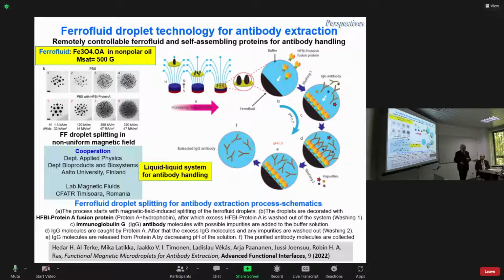The process relies on splitting of droplets of ferrofluid. You can increase the surface of the ferrofluid exponentially by a magnetic field. Please look here. You have a large surface, functionalize the surface, and attract the molecules you need. That is, very shortly speaking, the procedure.